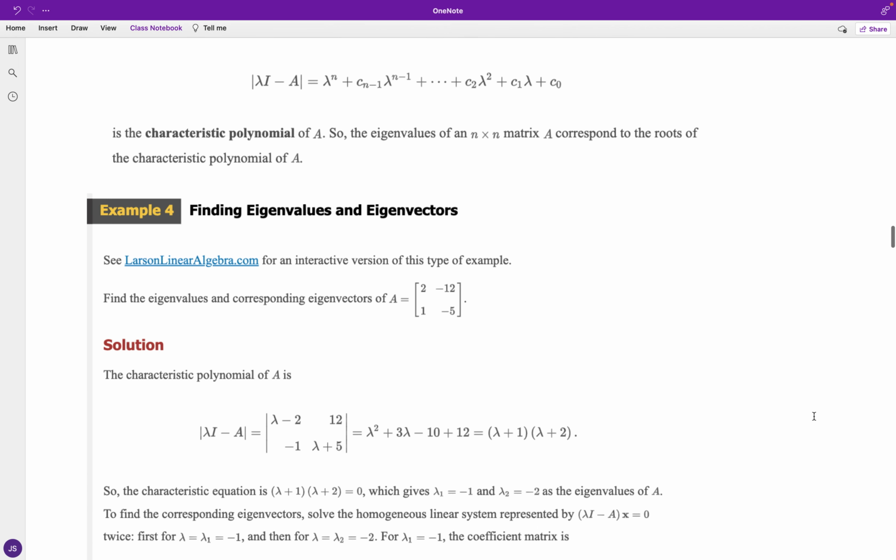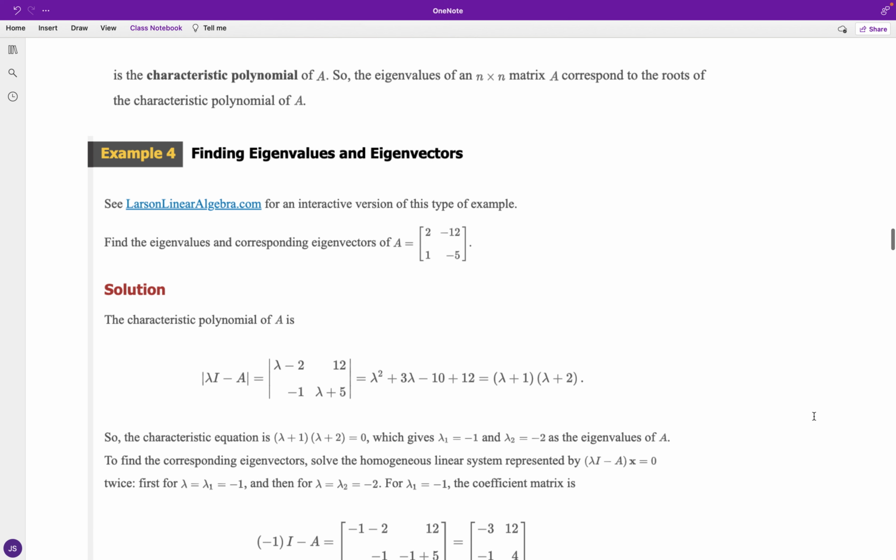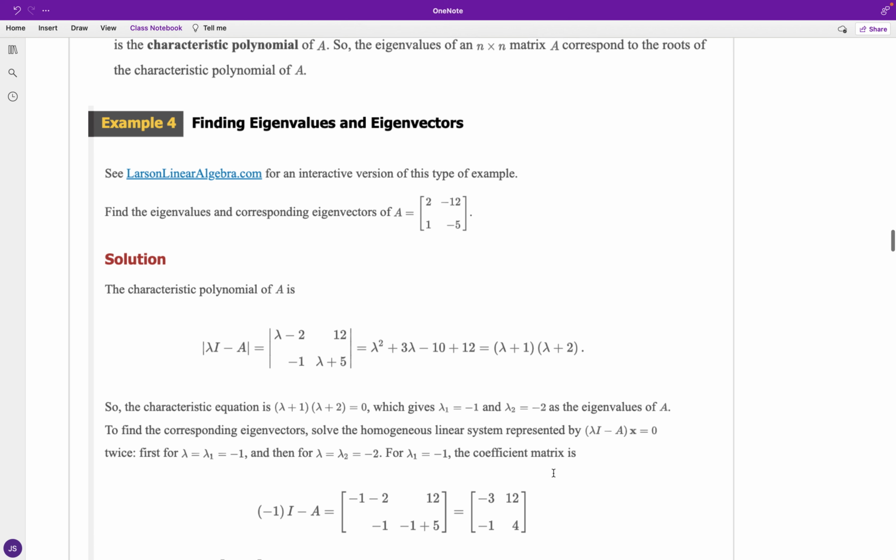Let's say A consists of 2 and negative 12 at the top, 1 and negative 5 on the bottom, so A is a 2 by 2 array. We look at the determinant of lambda I minus A. In the setup, we have lambda minus 2, 12, negative 1, lambda plus 5. Taking the determinant, we come out to lambda squared plus 3 lambda minus 10 plus 12, which is lambda squared plus 3 lambda plus 2.